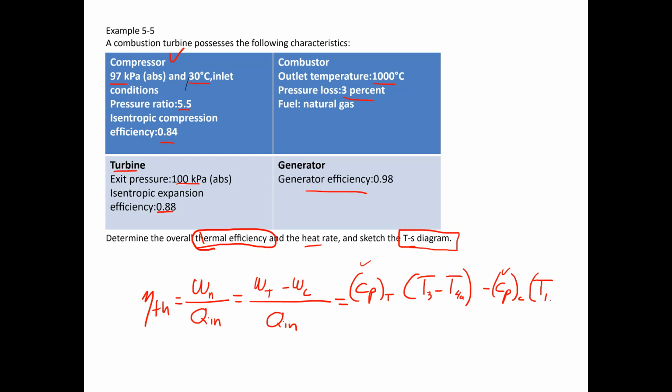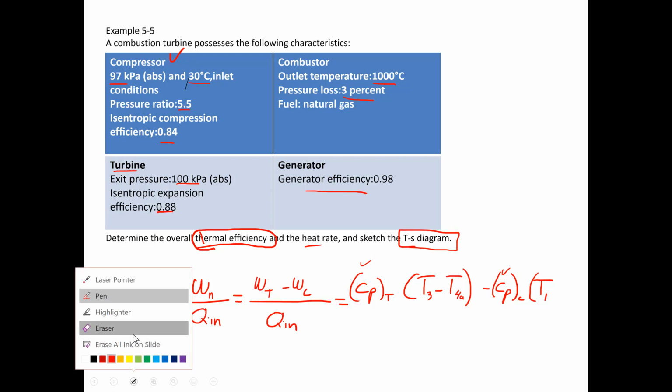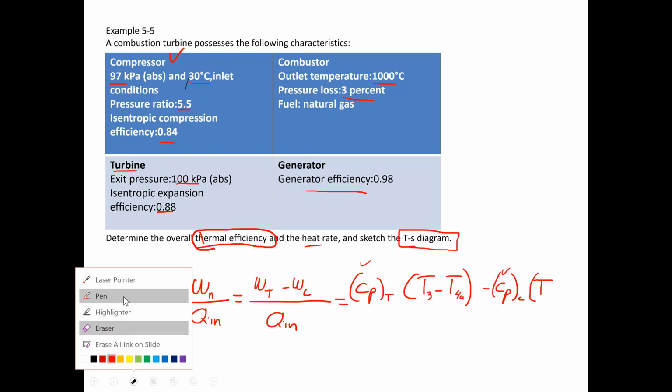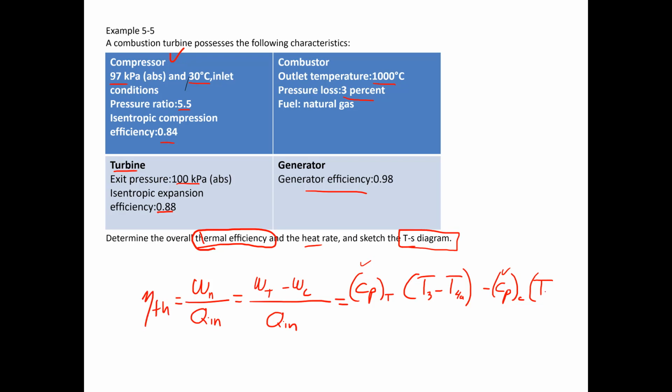CP delta T. I was about to put T1, but it's actually going to be T2 actual coming out of the compressor minus T1 going in.